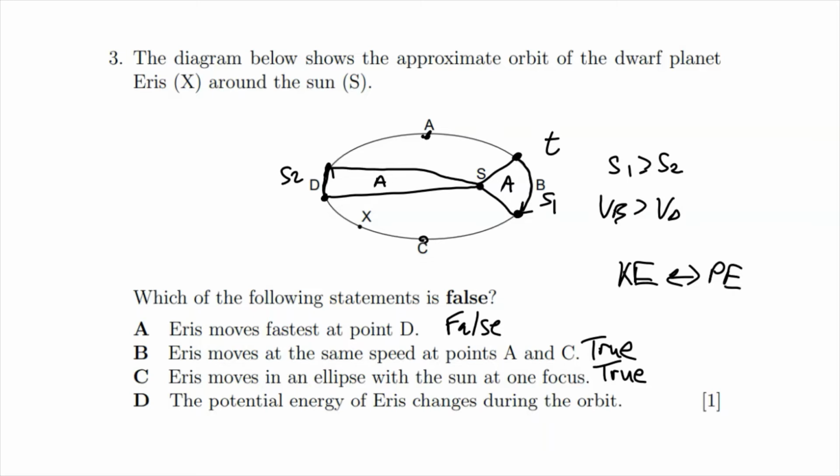As the planet moves around in its orbit, it should be obvious that the potential energy is changing because effectively its distance from the Sun is changing. But also we showed when we were answering the first part, A, that the kinetic energy does indeed change as well, which means the potential energy must therefore change as well. So therefore point D is true.